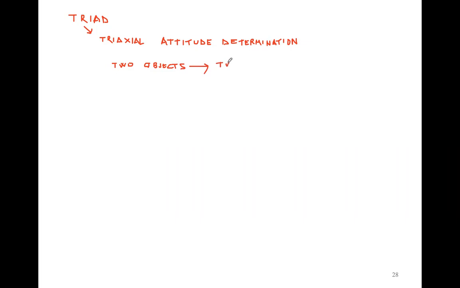So you have two versors that give you the position of, for example, the Earth and the Sun in the body frame that you also know in the inertial frame.